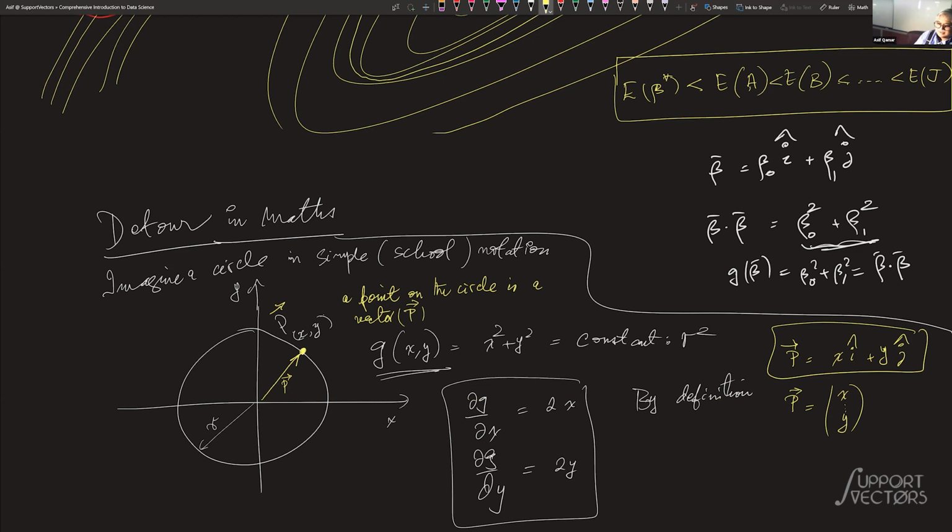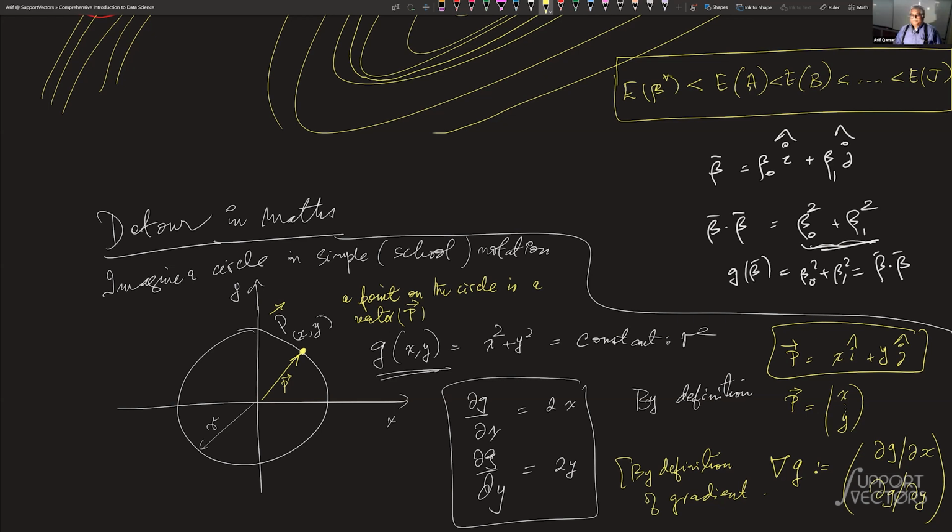Now look at the gradient. The gradient of G is defined by definition as follows.